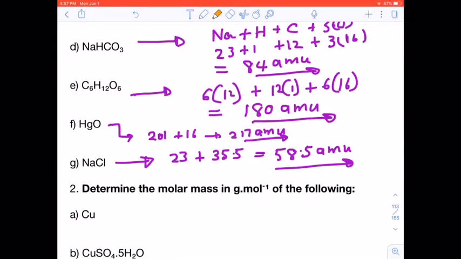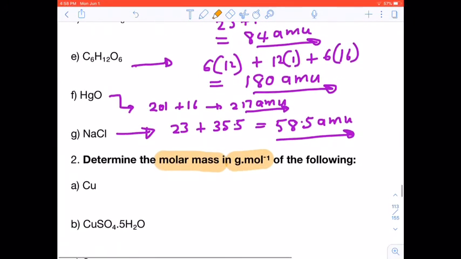in terms of molar mass, right? And molar mass, the unit of molar mass is grams per mole, right, of the following. So we want to determine the molar mass in grams per mole of the following, right? So if we want to know the mass of 1 mole of the substance, right?